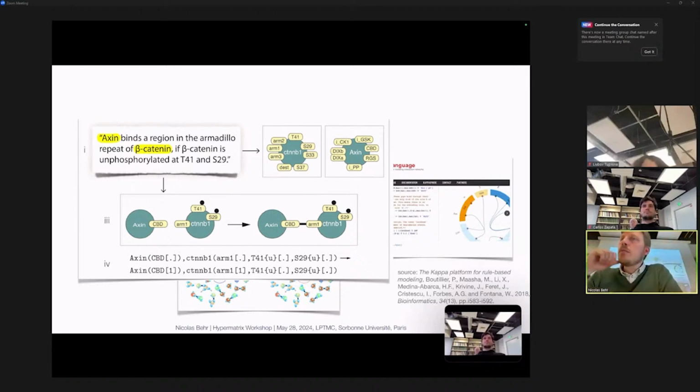And what I found most impressive, what really drew me into this field, was that Vincent Danos and his co-workers, who actually founded or co-founded, I guess, the Cree Institute also, in the early 2000s, realized that by giving a data structure that can model precisely these kinds of sentences.